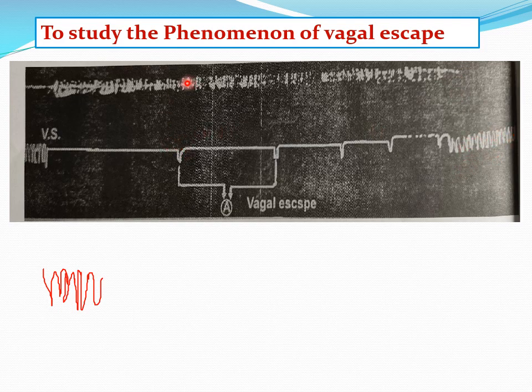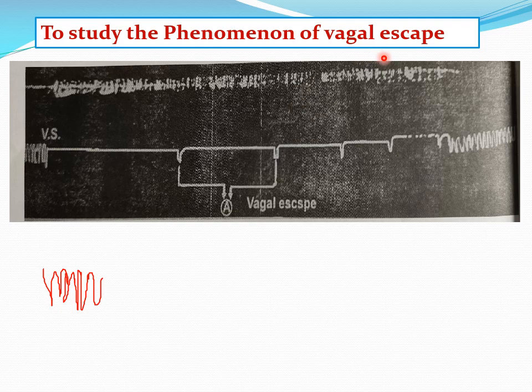But meanwhile, even though our vagal stimulation is continuous, we can see some beats in between, and these beats are called the idioventricular rhythm. That means beating has started from this point, and that is called the vagal escape. Even though the vagal stimulation is continuous, the heart comes out, and that is called the vagal escape.